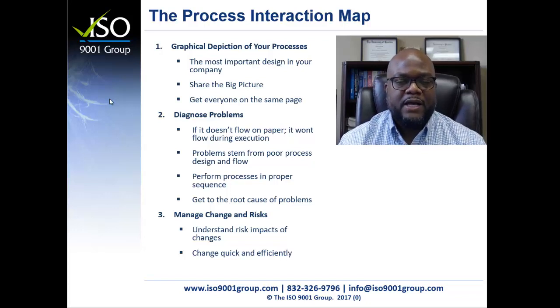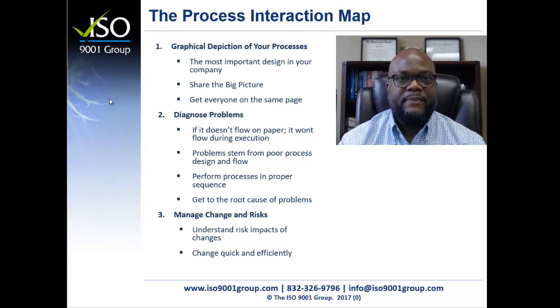So many times the problems that organizations have simply stem from poor process design, or maybe the organization hasn't even taken the time to define their processes and don't really understand the process design and how the processes are actually interacting with each other.